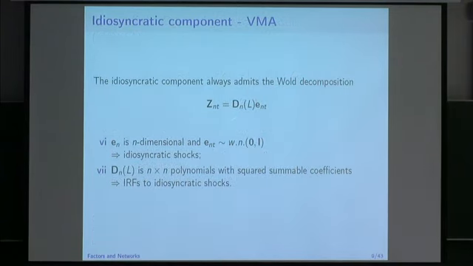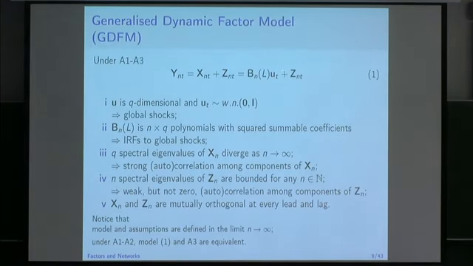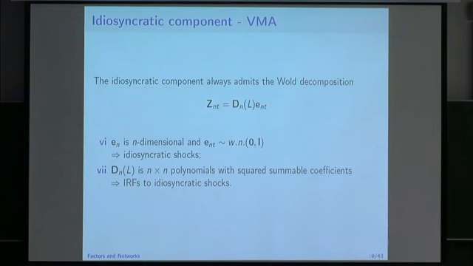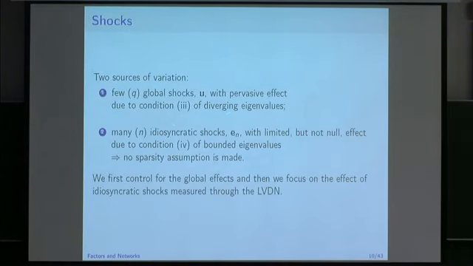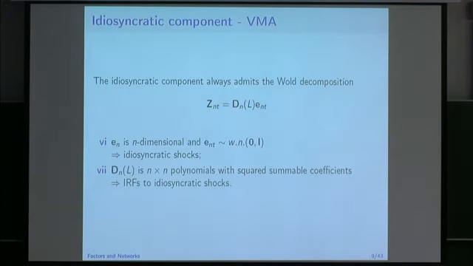So we focus on a network for the idiosyncratic components, and we have two sources of variation. We have the U's, which are market shocks, and then we have the E's, which are the idiosyncratic shocks, which have an effect on all series. I'm not assuming any sparsity on their effect.